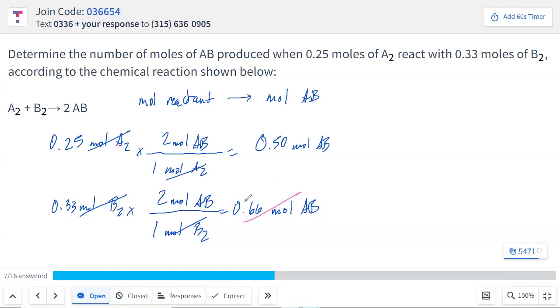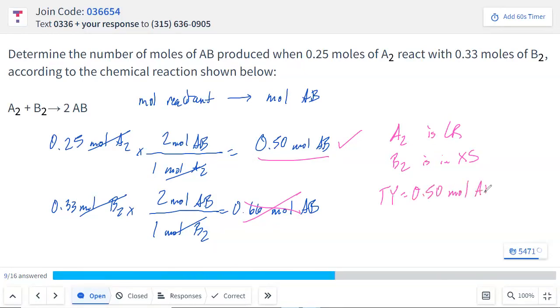Lowest value means that this one didn't happen, this one did. And so from this, we can conclude A2 is the limiting reactant. It's the one that gave us the least amount of product. B2 is in excess because it gave us too much. And the theoretical yield would be half of a mole of the product AB.